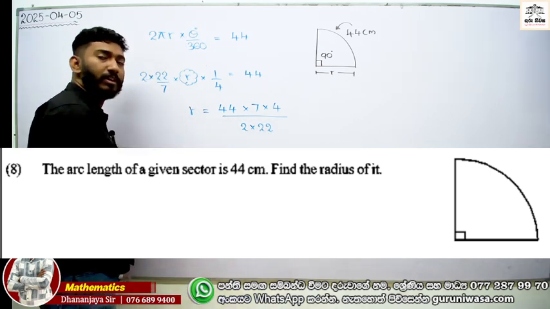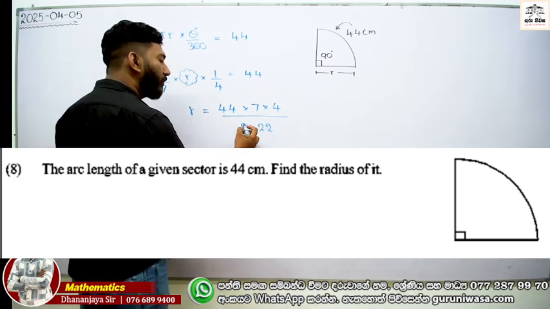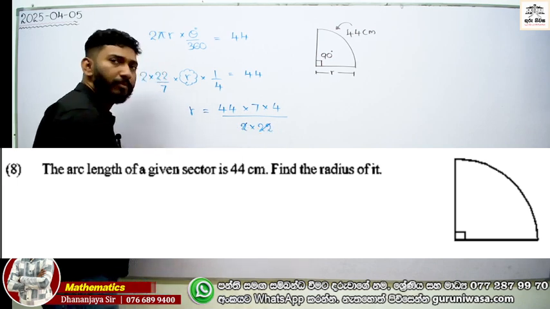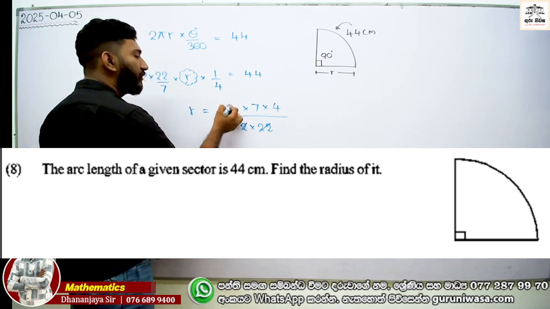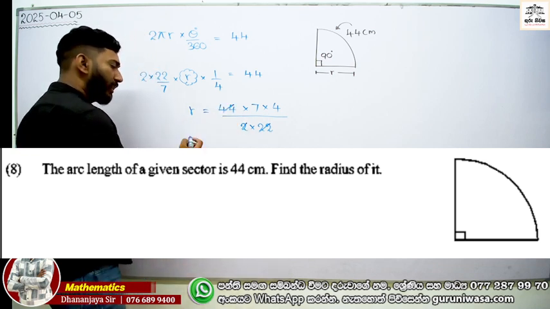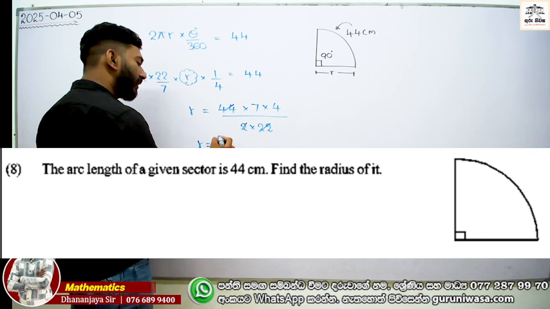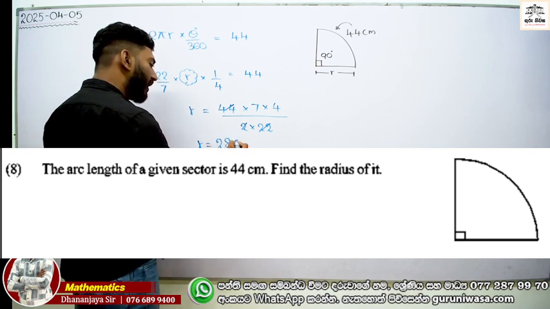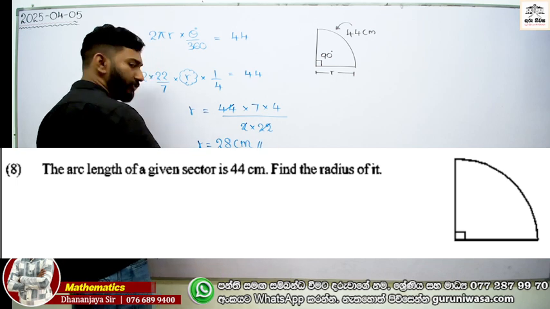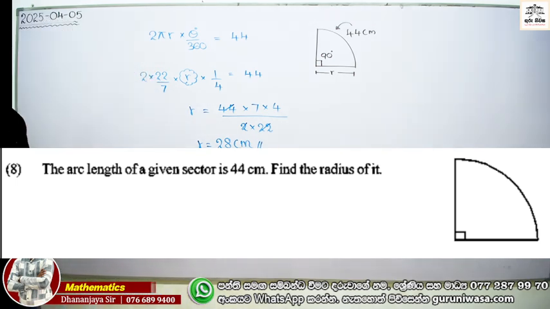Now 2 into 22 is 44, and this 44 we can simplify with 44. Now the answer becomes 7 times 4, 28 centimeters.